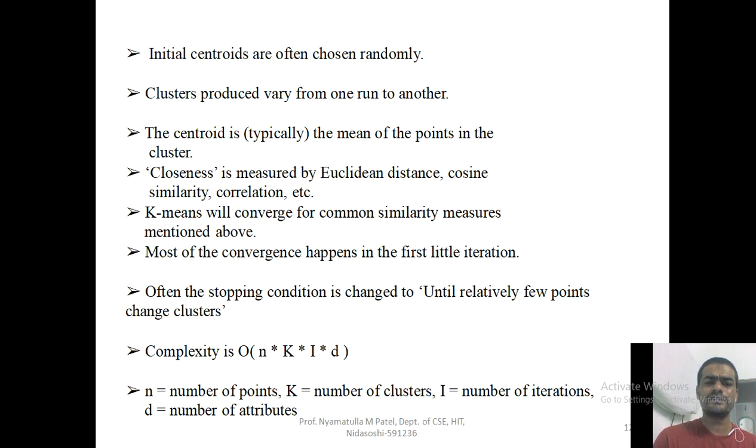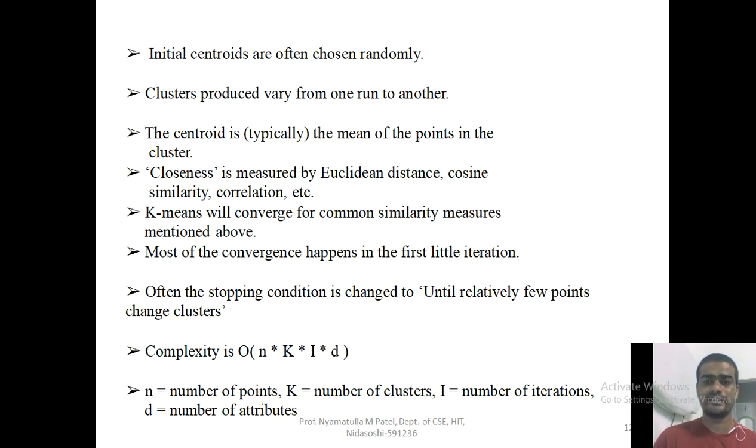Now, closeness. How do you define that two objects or two points in the cluster are nearer to one another? Based on what property? How do you say that two points are similar to one another? In order to measure the similarity between the objects, one way is closeness. How do you measure the closeness between two points in a cluster?